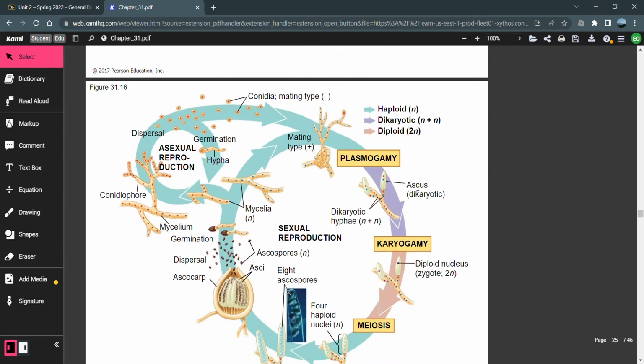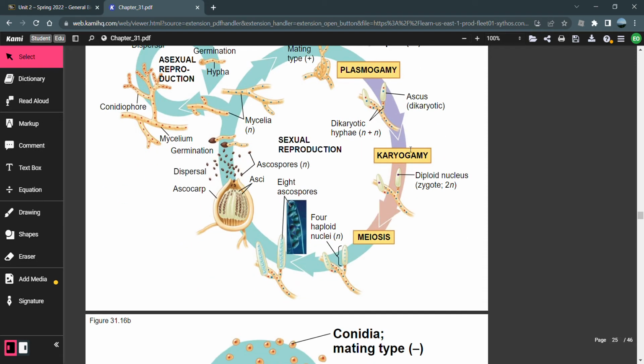An ascus is dikaryotic, and it also has dikaryotic hyphae. So remember, this is a dikaryotic stage, meaning that the two nuclei haven't fused yet until karyogamy.